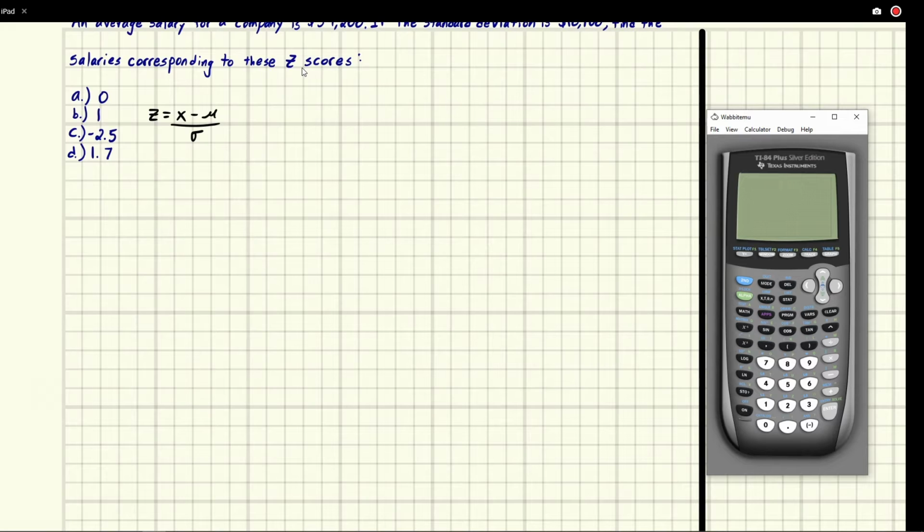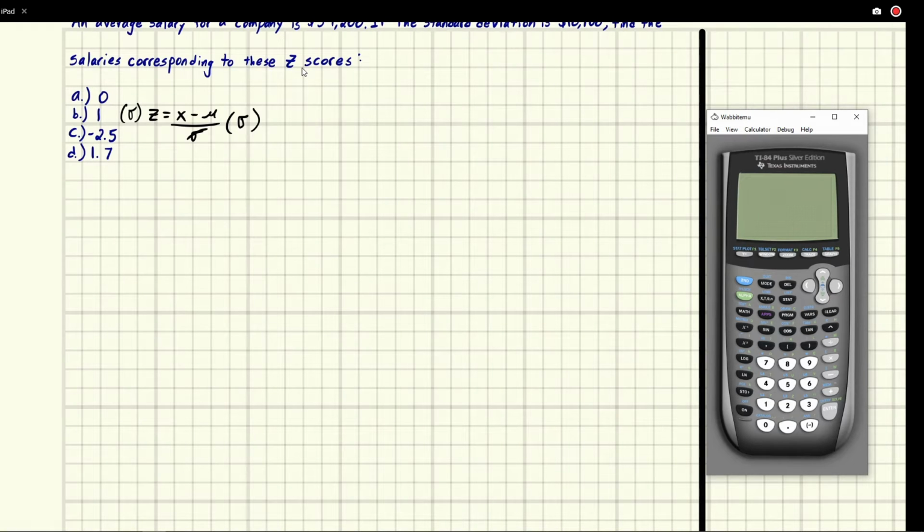So, all right, so we've got this. Let's go ahead, and we need something that has an x equals formula, though. So this is z equals. So to get it to be x equals, I'm going to solve for x. Now, you might just find the formula on your chart if you have a formula sheet, but I cannot remember it at the moment, so I'm just going to solve for x. So I'm going to multiply by sigma on both sides.